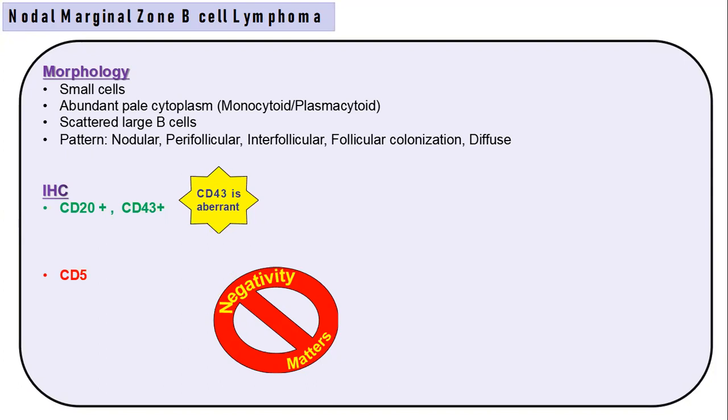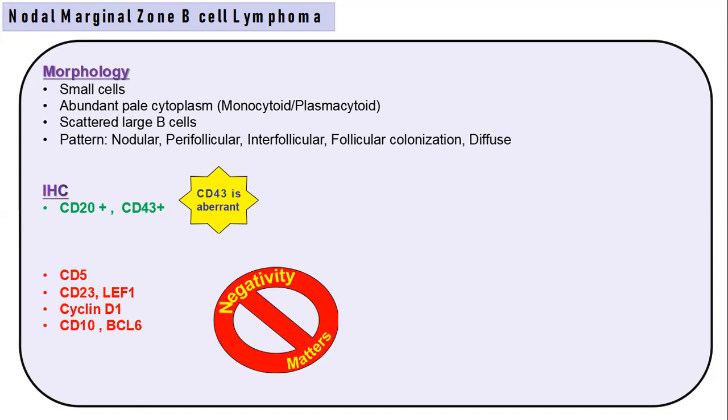That will rule out the other small cell lymphomas, that is CLL, SLL, and mantle cell lymphoma. We can apply further markers like CD23 and LEF1, and their negativity is going to confirm that it's not CLL/SLL. We can apply cyclin D1, and its negativity will confirm that it is not mantle cell lymphoma.